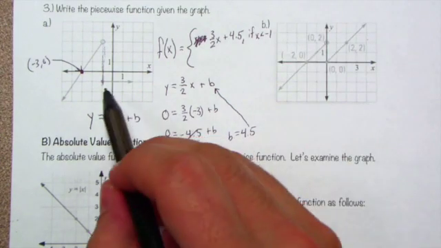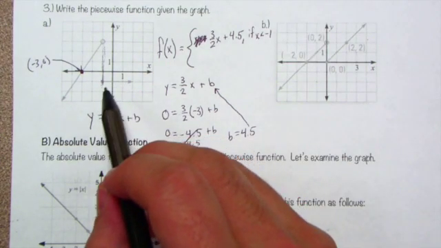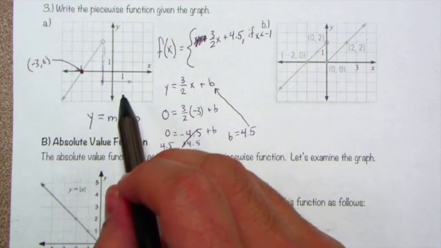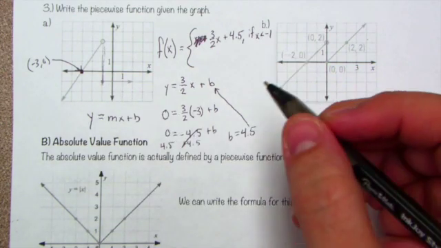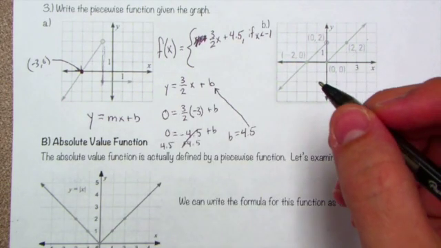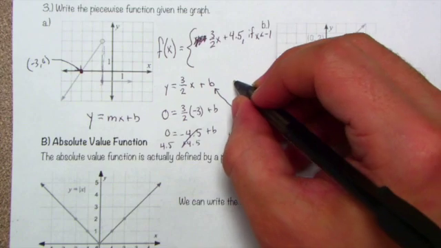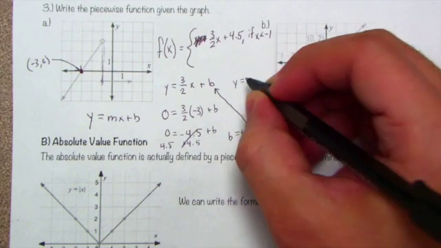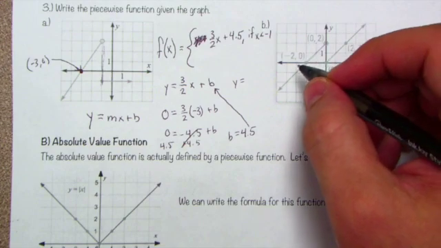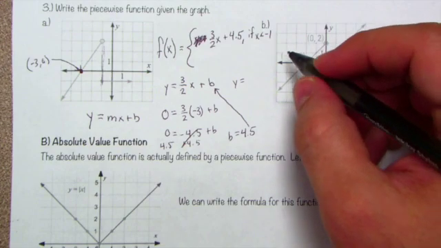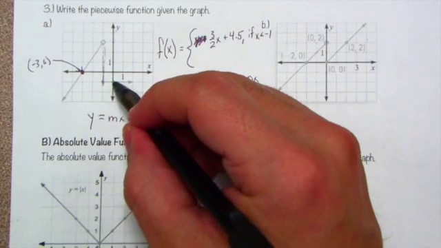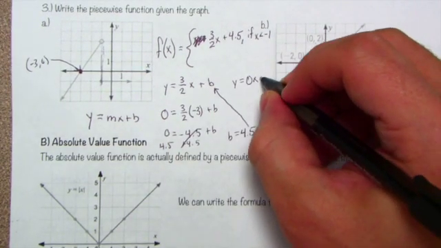Now, the second line, this one's a little bit easier because it's just a straight line across. You can figure out the slope pretty easily, and it gives you the y-intercept. So for the second one, y equals... what's the slope of a line that goes straight across? Yeah, it's 0. So it's 0x, and the y-intercept is negative 1, so minus 1.